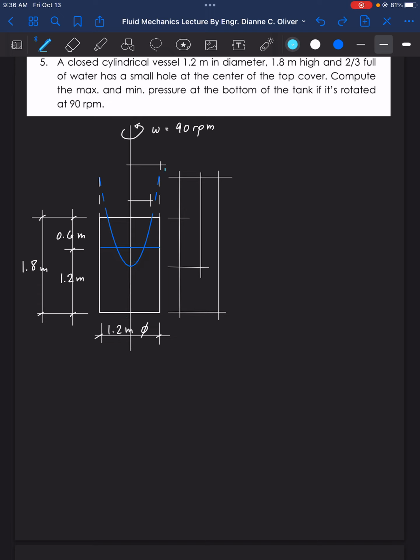And this is the maximum height that the water can attain while it's rotated. Therefore, we need to find the value of H here and the total H here.